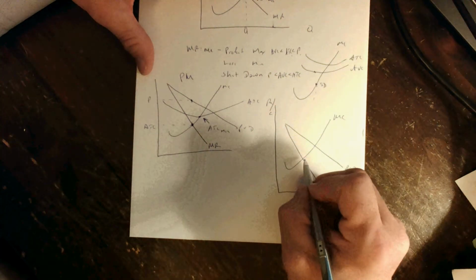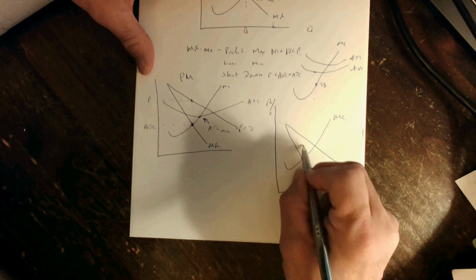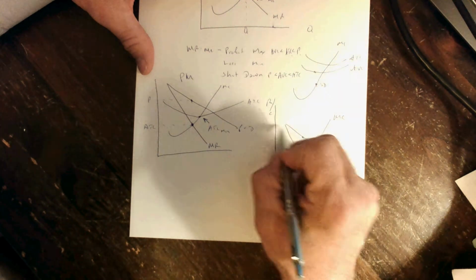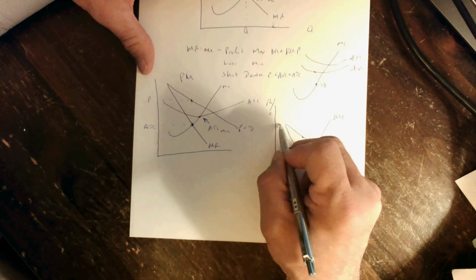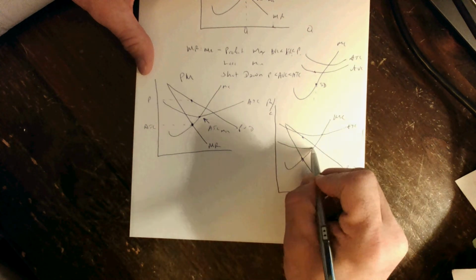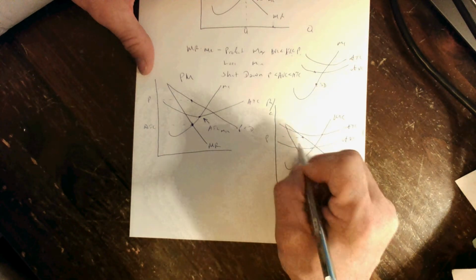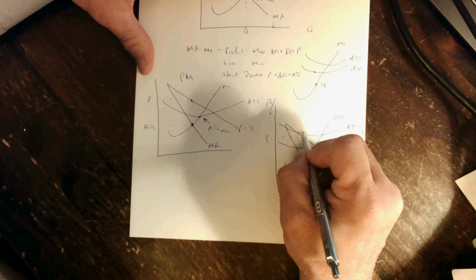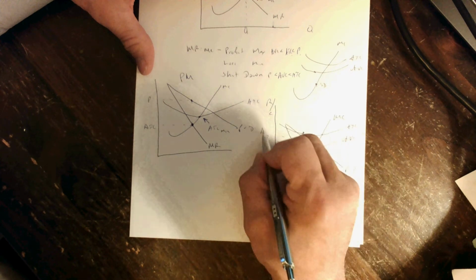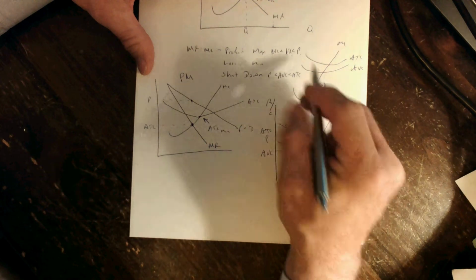Same inverted V and marginal cost. Revenue and cost. Here, find where price equals marginal revenue equals marginal cost, go up to price. Now if at this price the cost curve looks like this, the average total cost curve comes swooping in here, minimizing there and going up, and average variable cost comes in here and swings across. Then at this quantity-price combination, average total cost is greater, but price is greater than average variable cost.